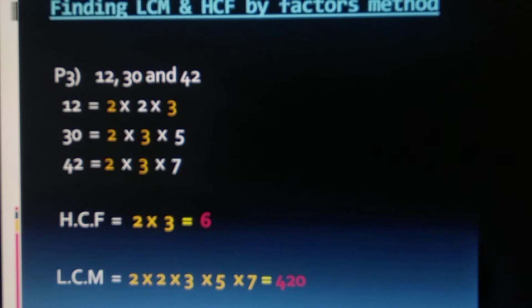And 7 only in the third factorization, so 7. And the product of all these numbers gives 420. So 420 is the LCM of the given three numbers. This is the procedure of finding LCM, that is the least common multiple, and highest common factor by factors method.